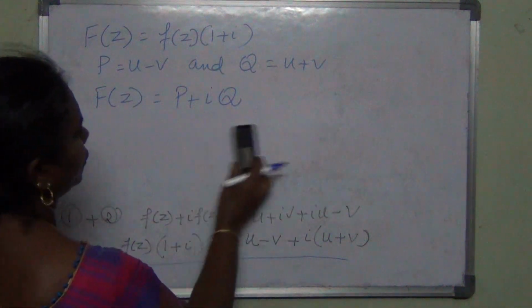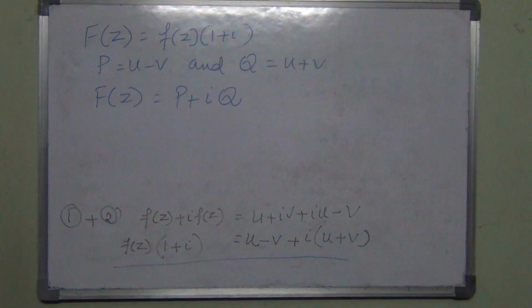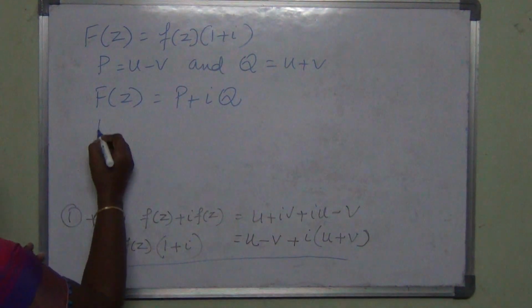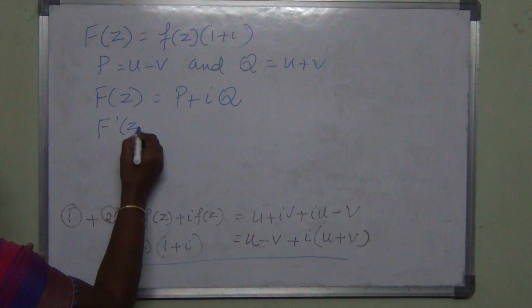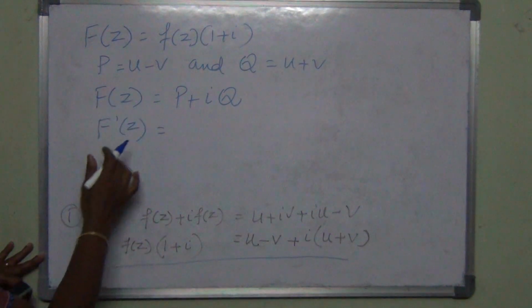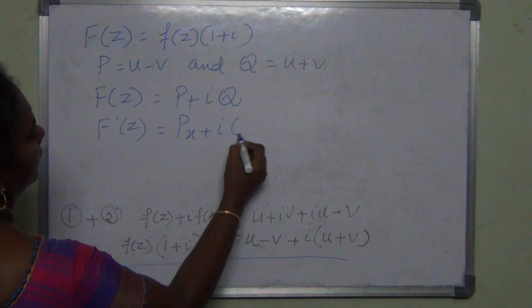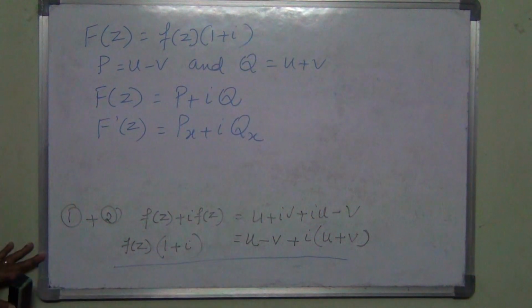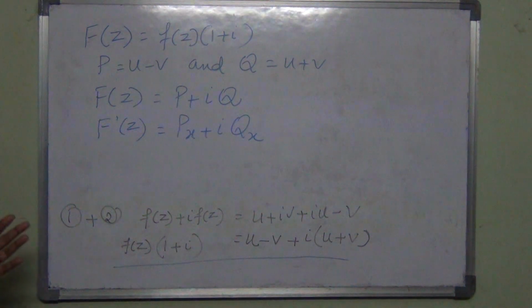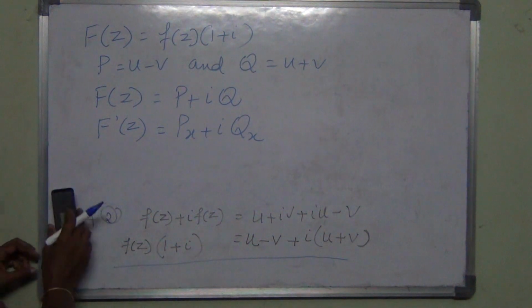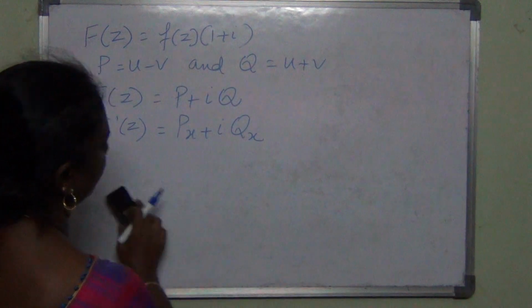Now our aim is to determine the analytic function. So let us differentiate this F(z). I will be getting F'(z) = Px + i·Qx. Given that F(z) is an analytic function, I am going to use the CR condition.